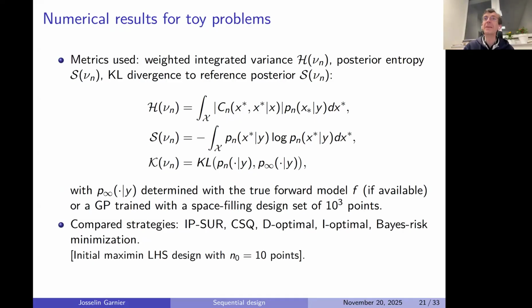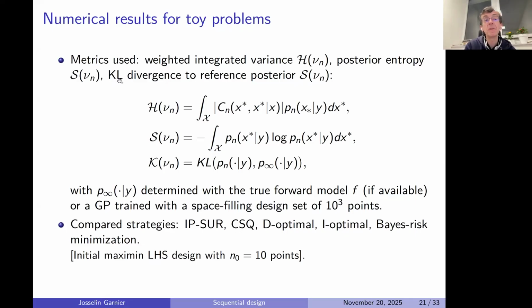So at least you should be very efficient for this one. But you can also test other metrics of performance, the posterior entropy, that tells you if the posterior density is close to a Dirac or very broad.